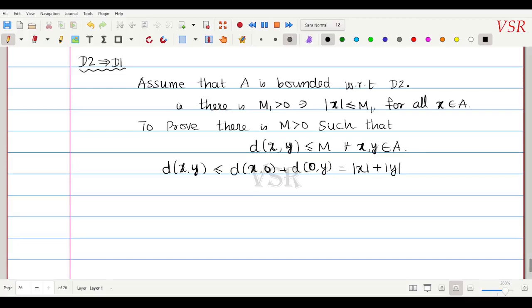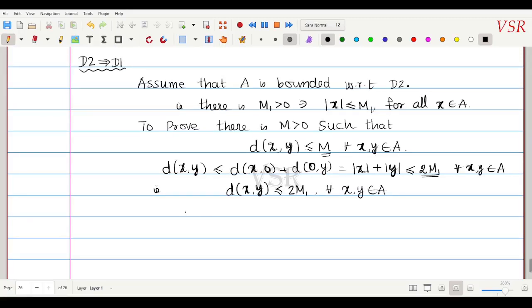Note that each is less than or equal to M1, so I can write this is less than or equal to 2 times M1. This is my M. So this is true for every x, y belonging to capital A: the distance between vector x and vector y is always less than or equal to 2M1.